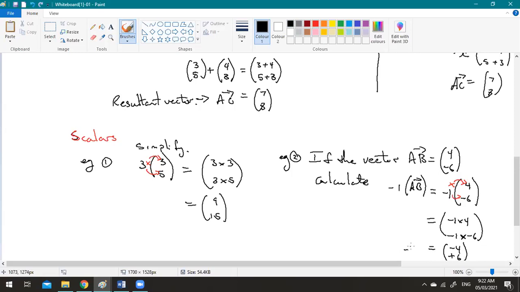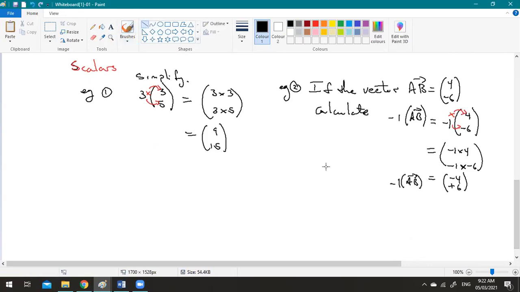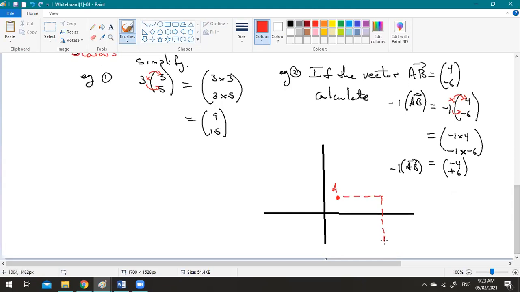So negative AB is -4, 6. Now, if we were to draw this on a graph, and I started here as A, B is to the right 4 spaces, and then down 6, 1, 2, 3, 4, 5, 6.